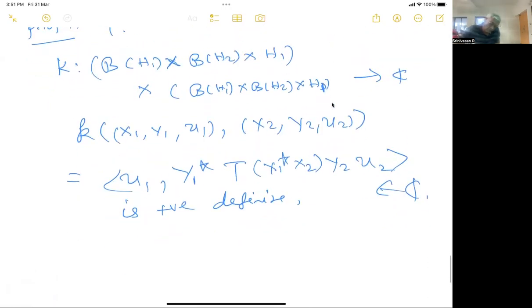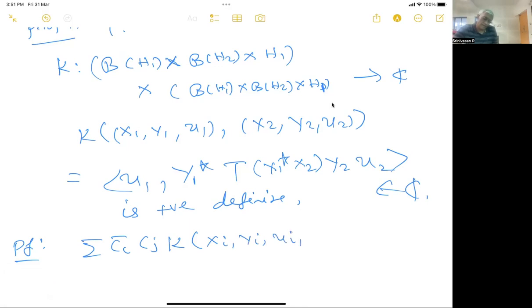Okay. Proof. We just have to compute this summation of c_i bar c_j K of K, capital K written, K of (x_i, y_i, u_i), (x_j, y_j, u_j).